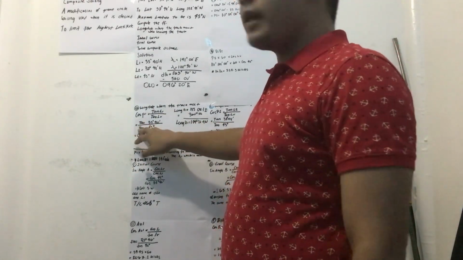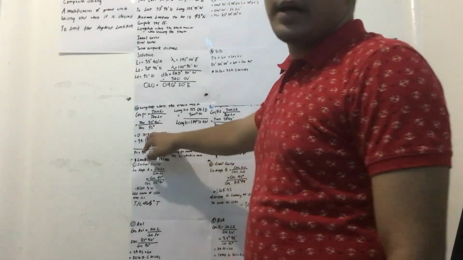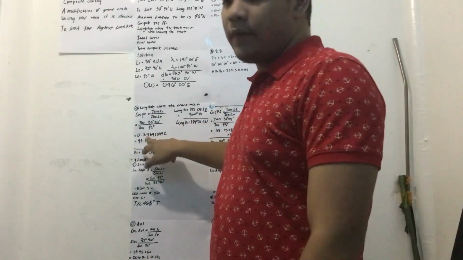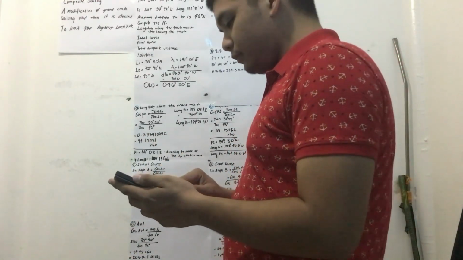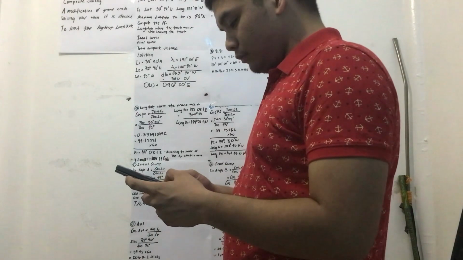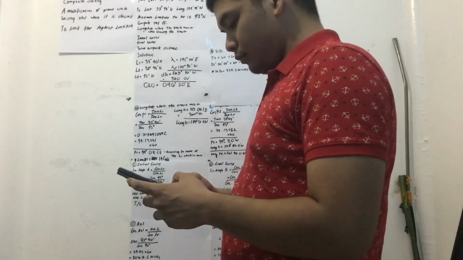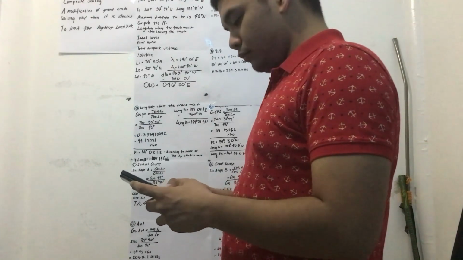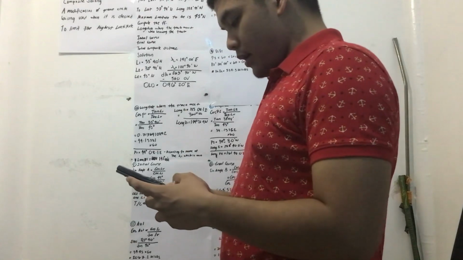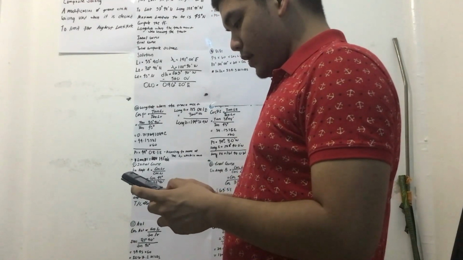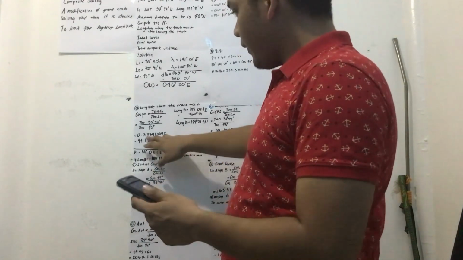So it will be tan 35 degrees 40 minutes divided by tan 45 degrees. So we solve it. Divided by tan 45.